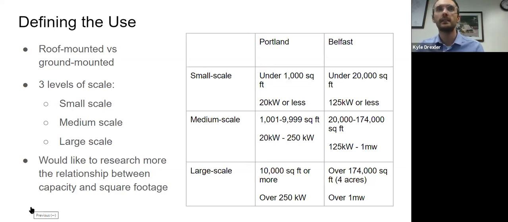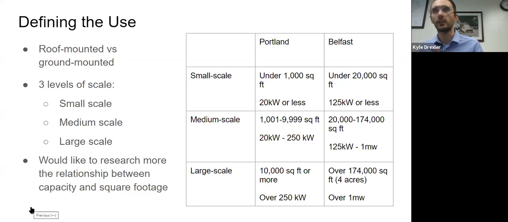So it's common, it seems, that most ordinances and model ordinances I've looked at, the basic defining factors are roof mounted versus ground mounted. So roof mounted are generally an accessory use to whatever the principal use of the structure is, whereas ground mounted might be an accessory use.